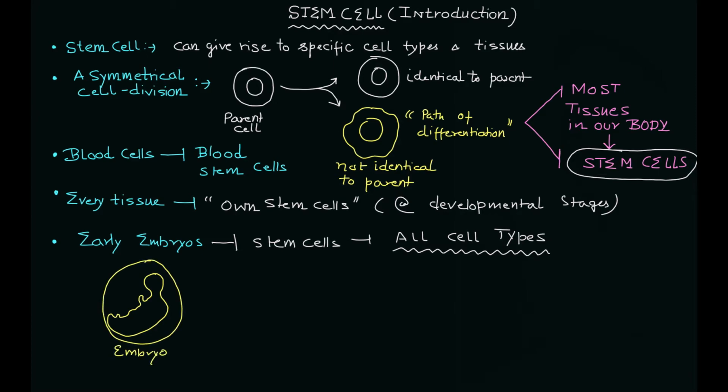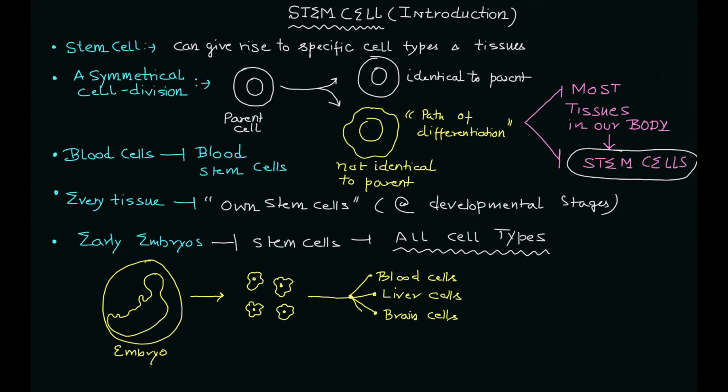So bear with me, it's not very typical embryo, but this is the embryo, and embryo will have stem cells, and these specific stem cells will have the power to produce blood cells, liver cells, brain cells, heart cells, and so on. These specific cells has a capability. These specific cells can be converted into different cell types. So you can understand the possibility of the stem cells in health.